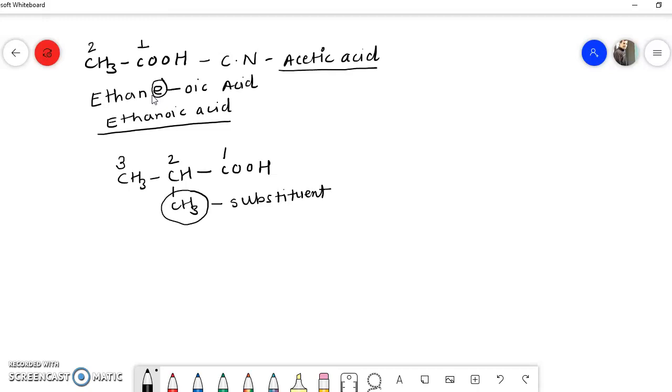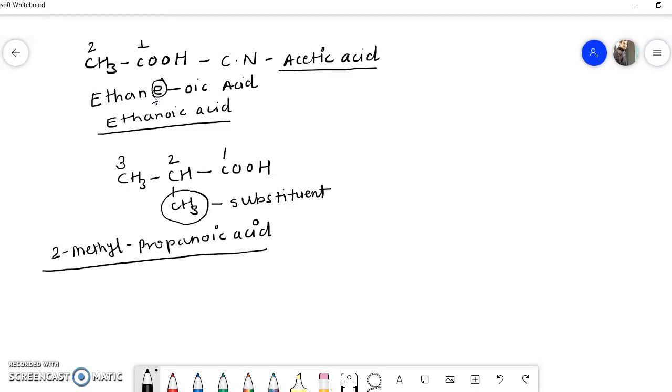And what is the parent alkane? Three carbons means propane. You have to replace E by OIC acid, so I will write propanoic acid. And substituents we write before the parent name. The substituent is at position 2. So 2-methylpropanoic acid. So this is the IUPAC name of this structure.